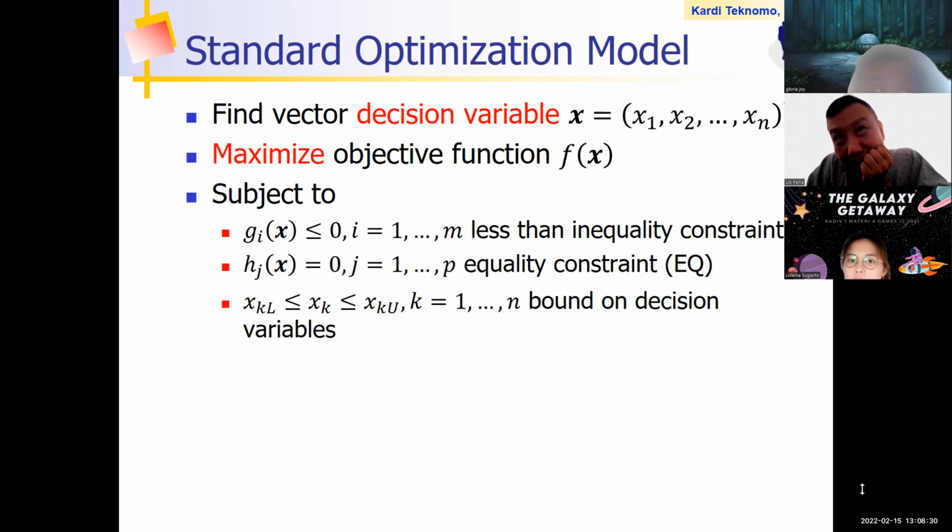Multiply by -1. Correct. So the objective function you multiply by -1, then the maximize will become minimizing. How about the constraint?